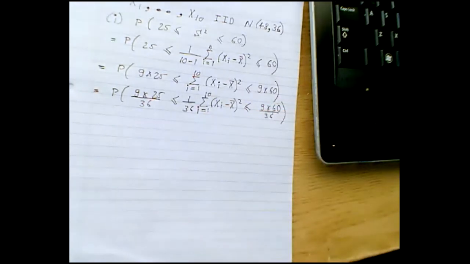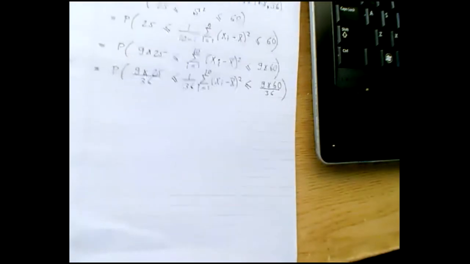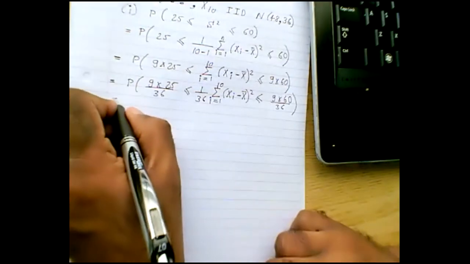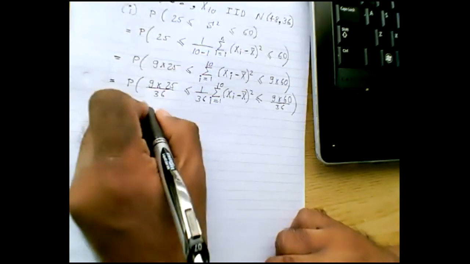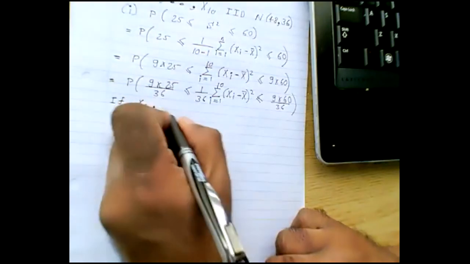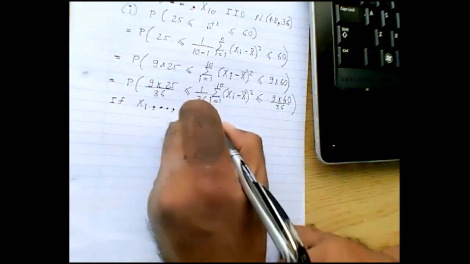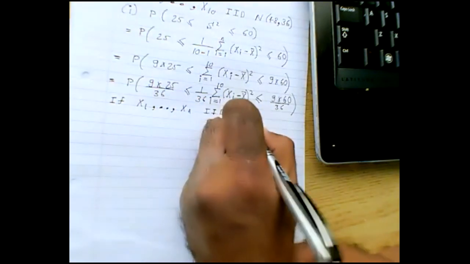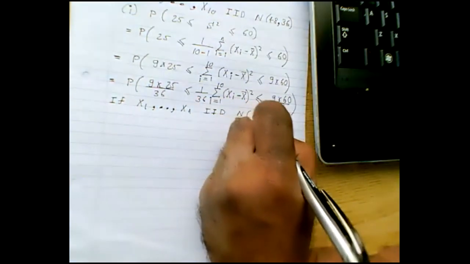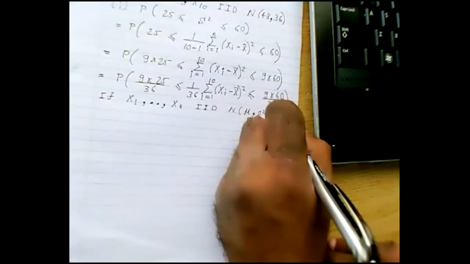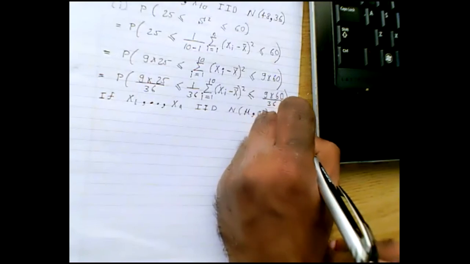I don't know if you remember the following result, that if you have a random sample x1 to xn, which are IID, then the following result is true.